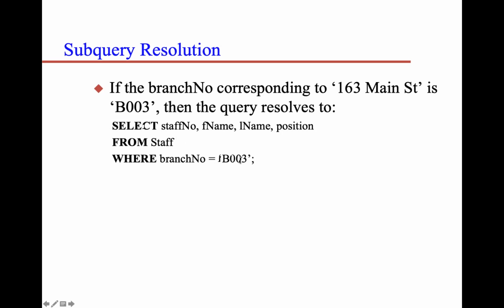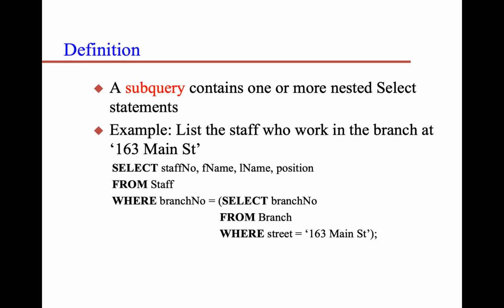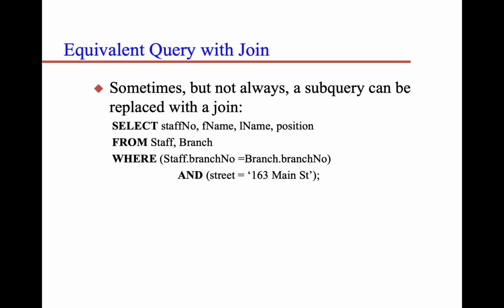So in fact, almost all subqueries can be implemented with comparable joins. Subqueries are often syntactic sugar, and it just depends which you're more comfortable with writing, because I could have written the same query this way.